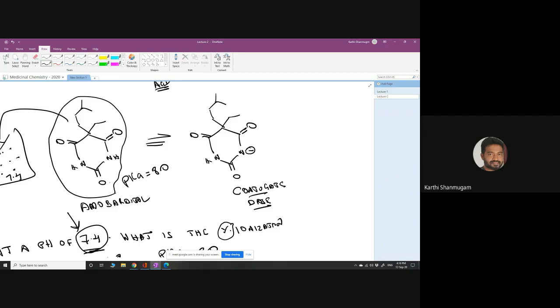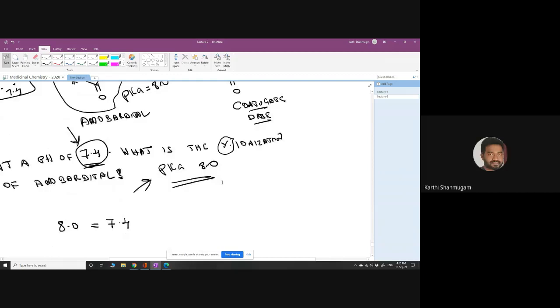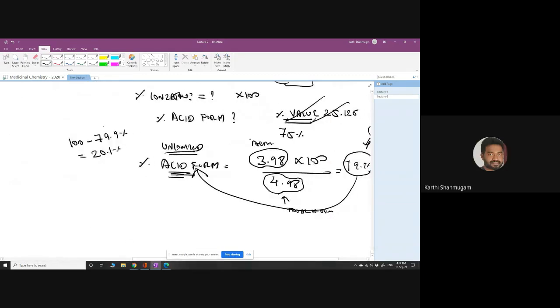Can you people respond? So the same: 79.9% will be in unionized form, and 20.1% will be in ionized form. Is it understandable?